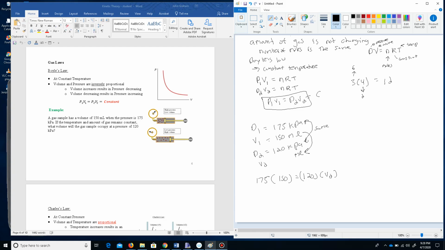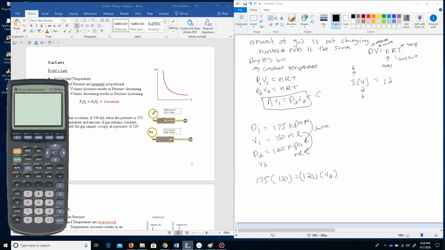So 175 times 150 is 26,250, which equals 120 V2.